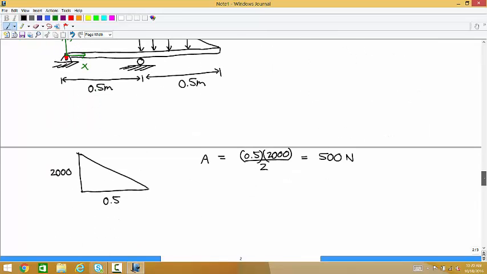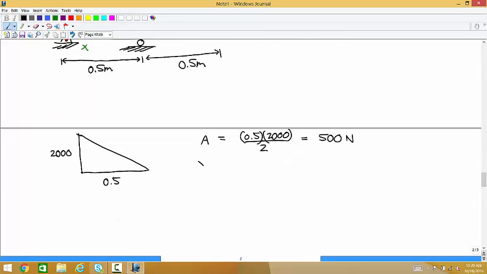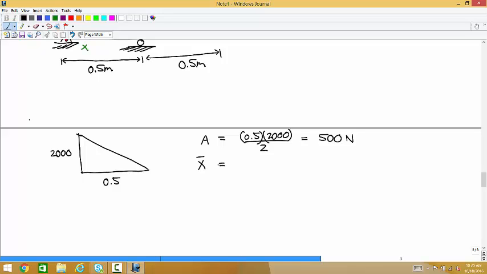So what's the x location of the centroid? Well, it's a third of the way from the long edge to the point. So 1/3 of 0.5 is 1/6. This distance is 1/6, which is 0.167.